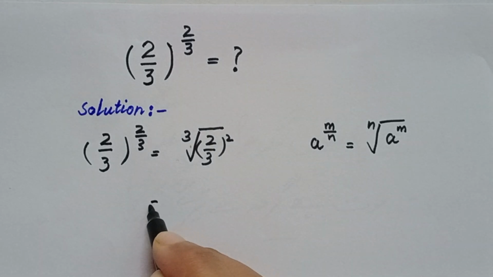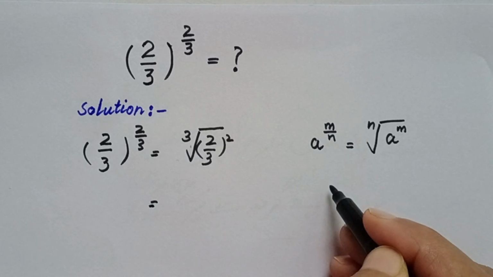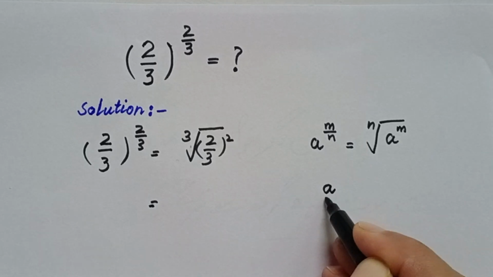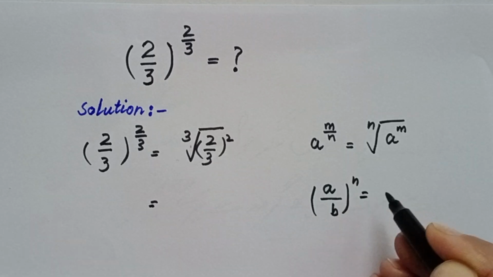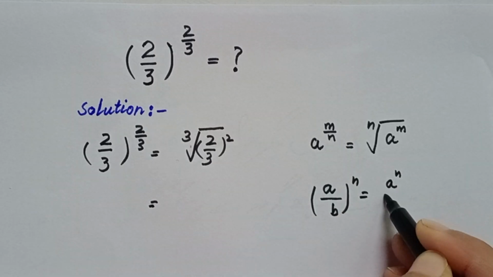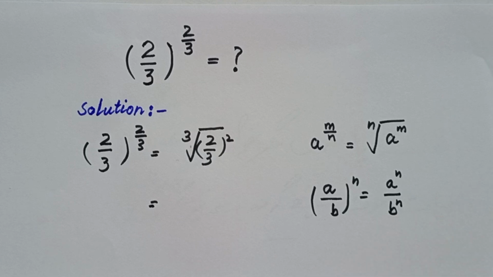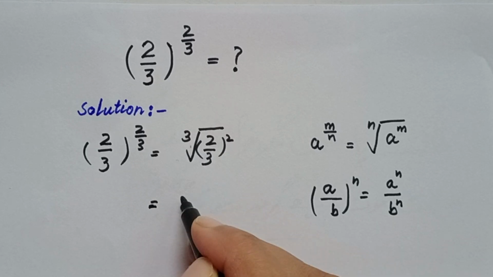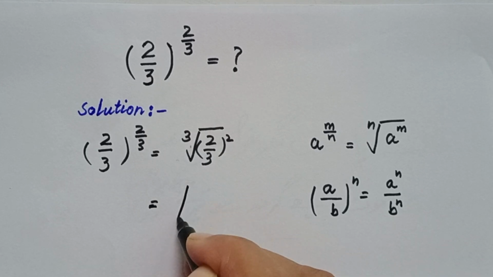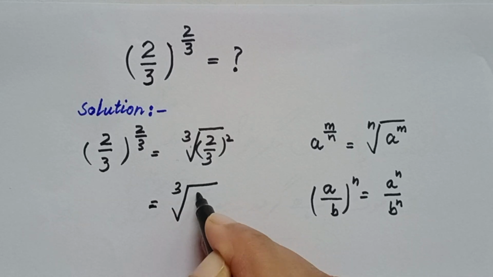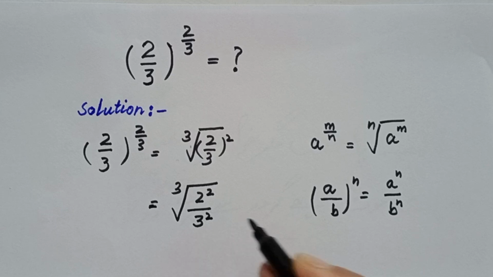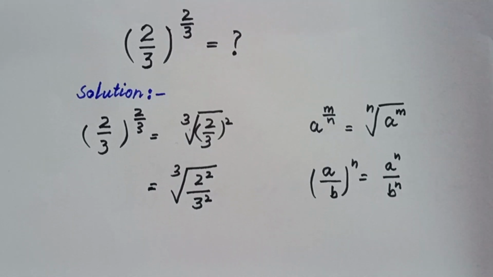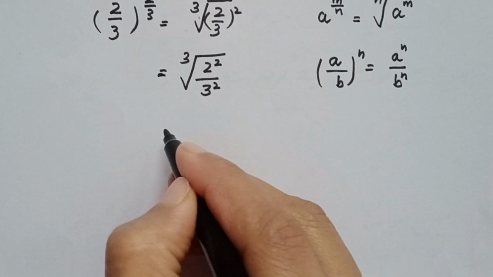So in our next step, we know that (a/b)^n can be written as a^n over b^n. So we will use this rule here, and we will write the third root of 2 to the power 2 over 3 to the power 2.